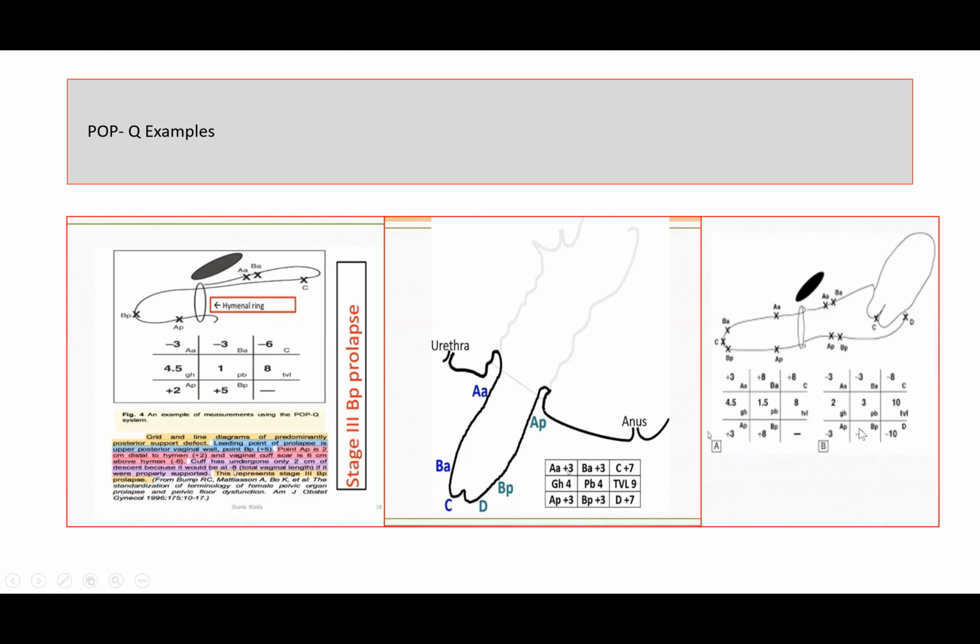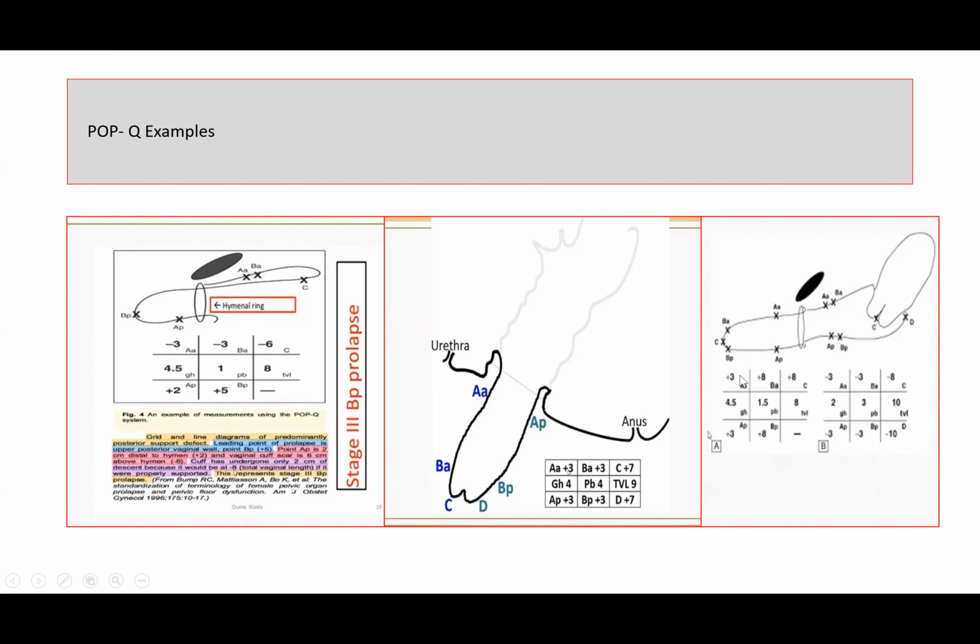Let's see this third diagram. Now you see we have two pictures, A and B, two grids. In the A picture, you see the anterior vaginal wall. All the measurements are again in plus. So whenever you see positive values, always think about either stage 3 or stage 4 prolapse.